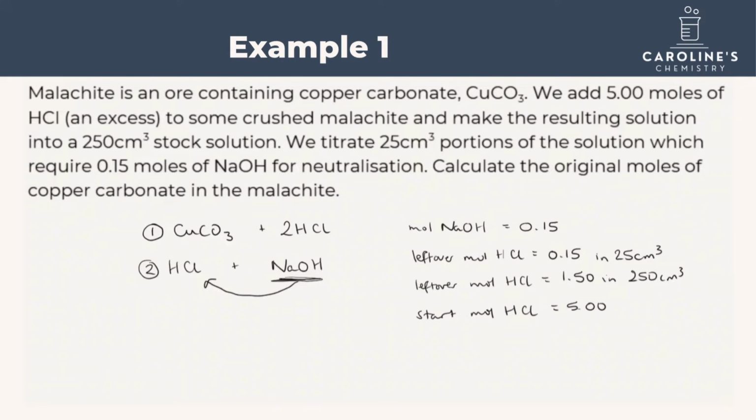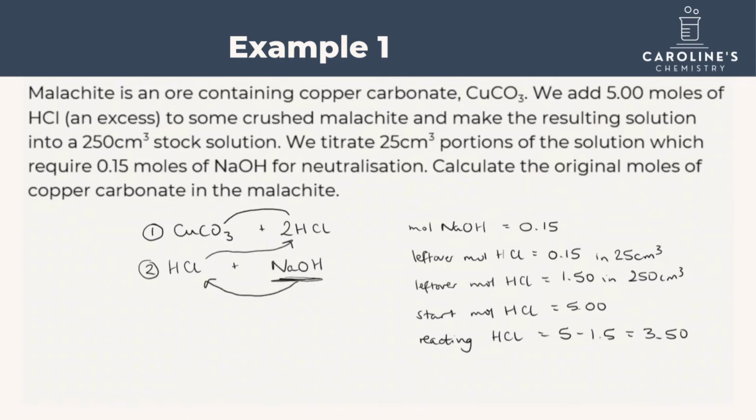We're told it in the question, 5.00. So now we can start to work out, well, how much actually reacted here? I know how much was left over. I know how much I started with. So reacting HCl is therefore what I had at the start minus what was left over, which is 3.50 moles.